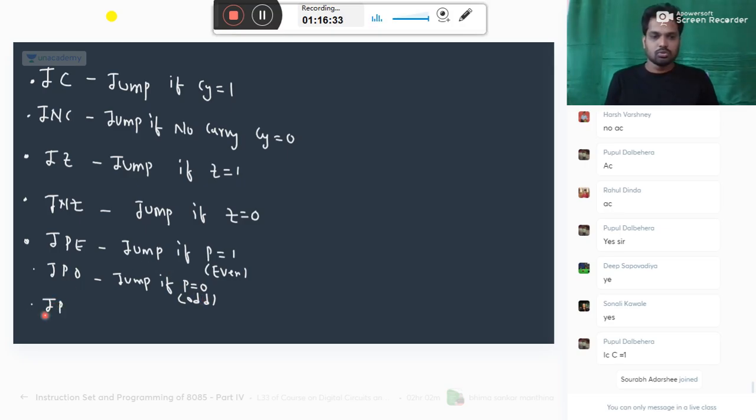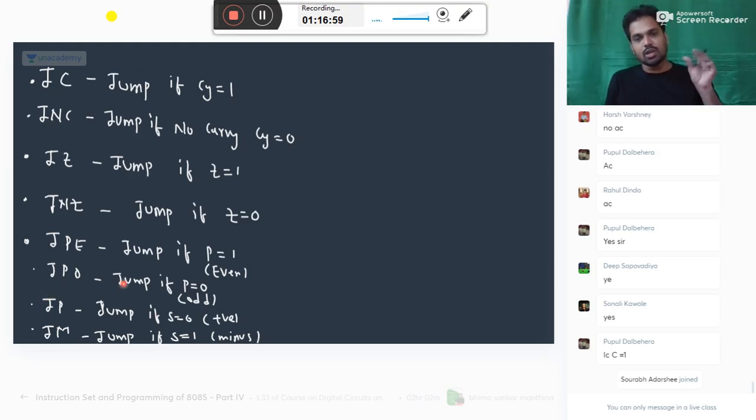Jump on positive, jump on negative: jump if sign flag is equal to 0, jump if sign flag is equal to 1. These are the names given by the designer. So these are the 8 variations we have for jump instruction.